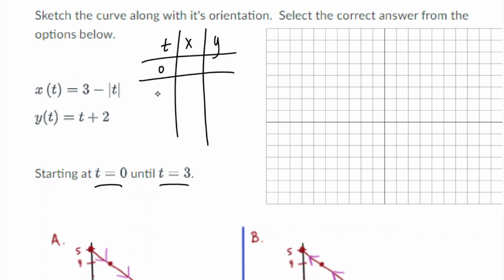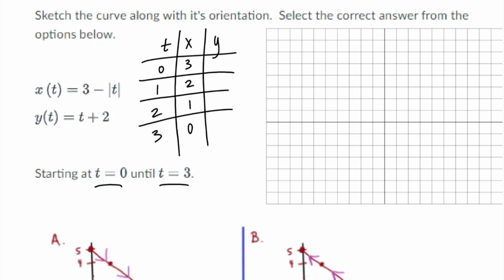I'm going to plug 0, 1, 2, and 3 into my t value. Let's get the x values first. 0 into here. 3 minus the absolute value of 0 is 3 minus 0, which is 3. 1 plugged into here. 3 minus the absolute value of 1 is 3 minus 1, which is 2. 2 into here is 3 minus absolute value of 2, which is 3 minus 2, which is 1. Finally, 3 minus absolute value of 3 is 0. So that's the x values.